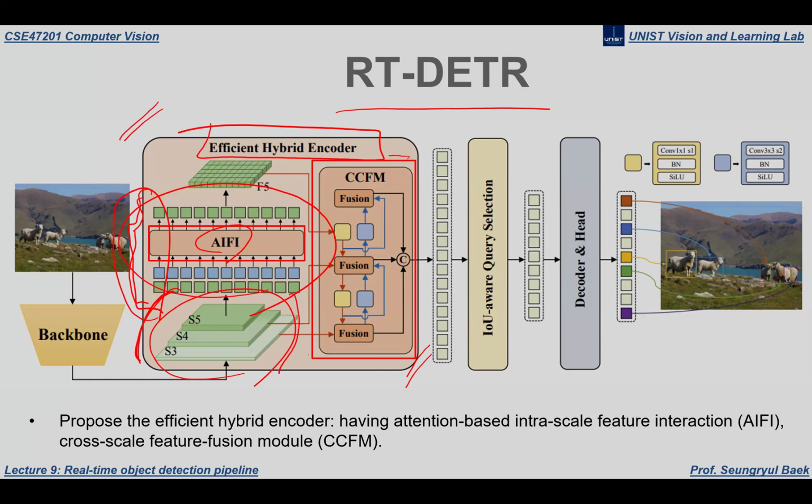And also, after doing AIFI, which is similar to the previous transformer encoder architecture, they have CCFM modules. They somehow fuse the features obtained from the previous AIFI. AIFI is the intra-scale feature interaction module, and CCFM is called the cross-scale feature fusion module.